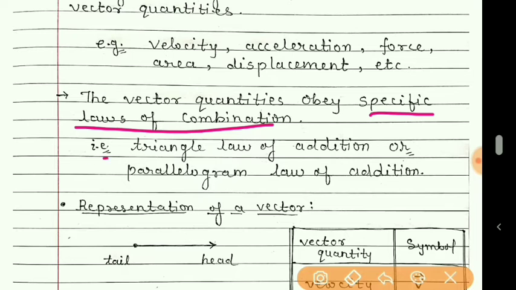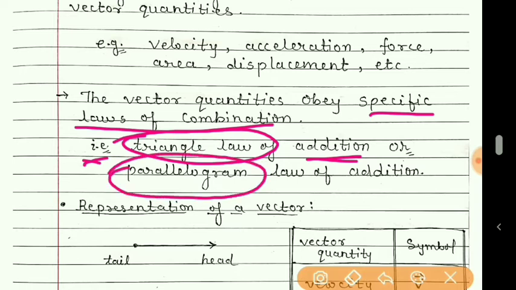If we want to add two vectors, then there is a law of triangle or law of parallelogram which are used for the addition or subtraction of two vector quantities, and this we will study in this chapter. Here only information is given on how we can add two vectors. So there is a method of triangle as well as a method of parallelogram for such mathematical operation.